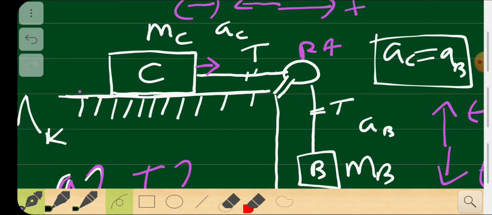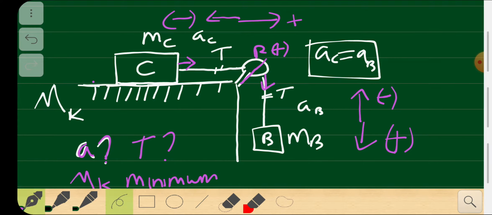After reaching this point, the block is going to fall down, going downward, so at this point it must maintain that direction. The downside must also be positive, or else we will have a discontinuity in direction.